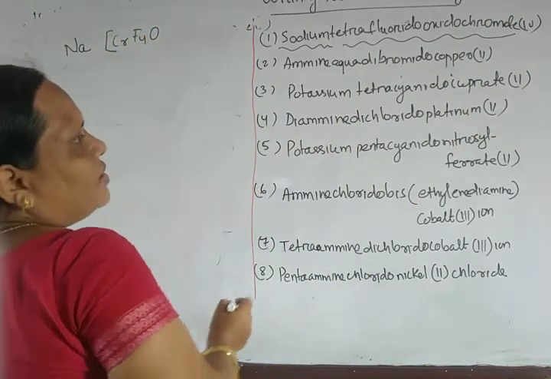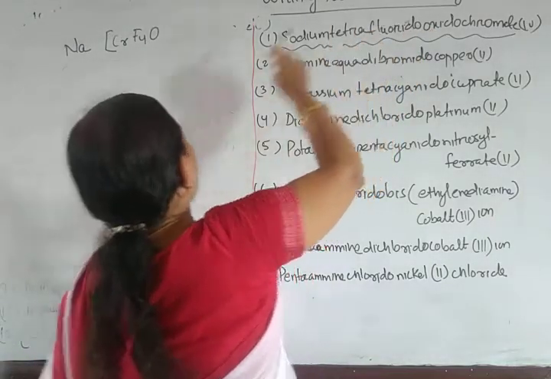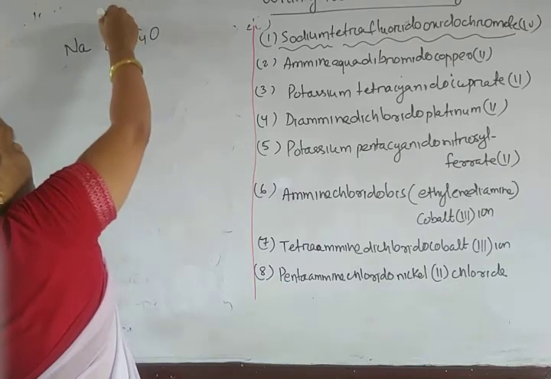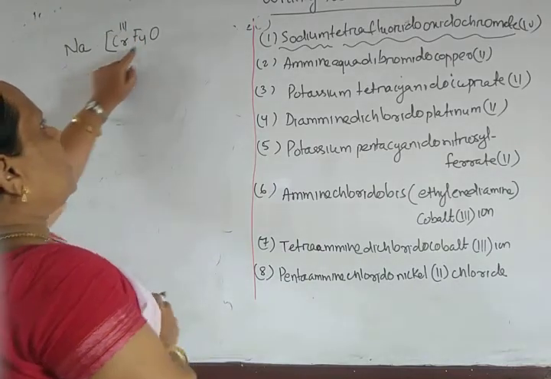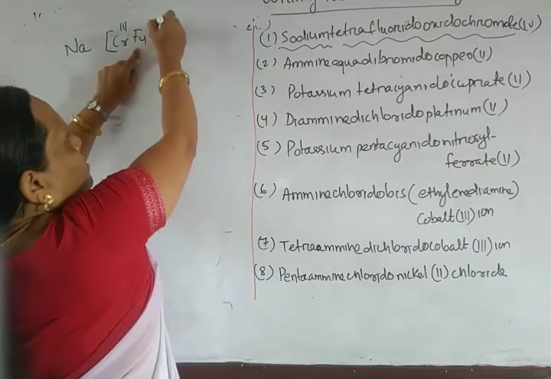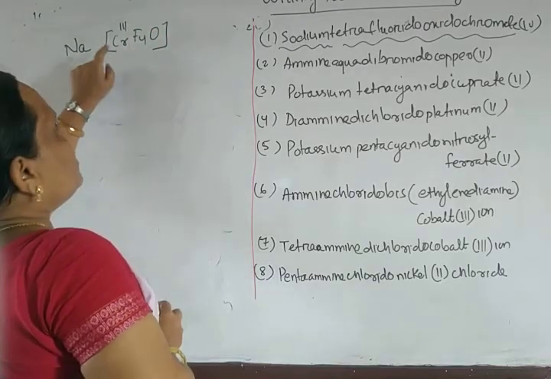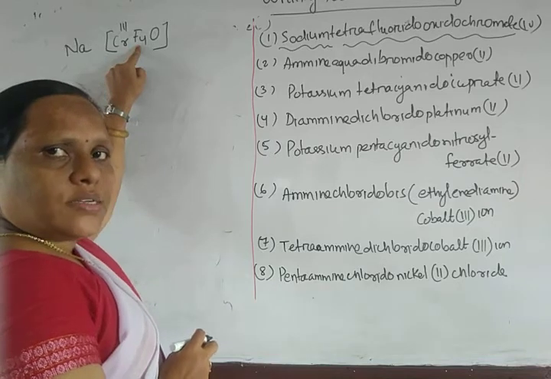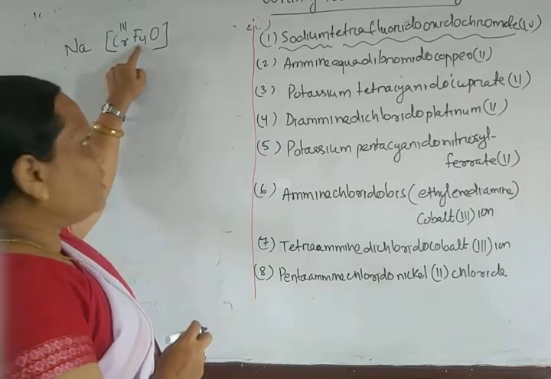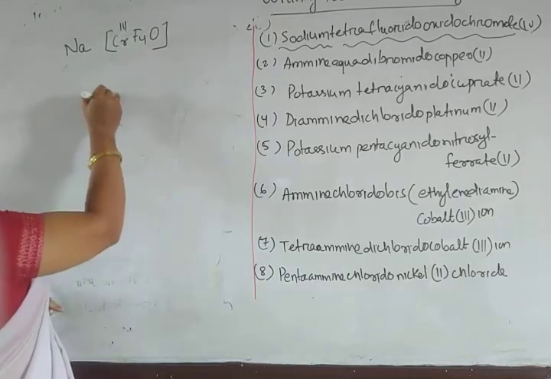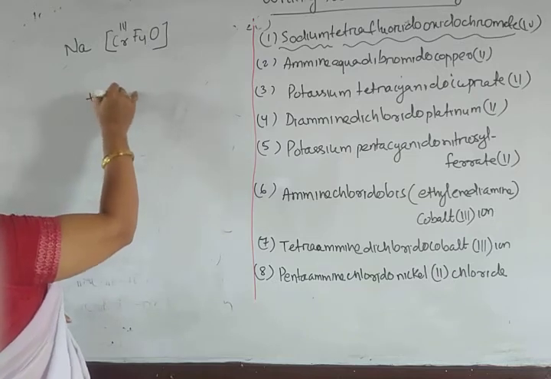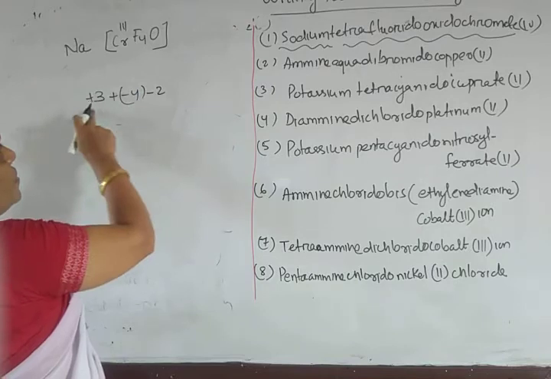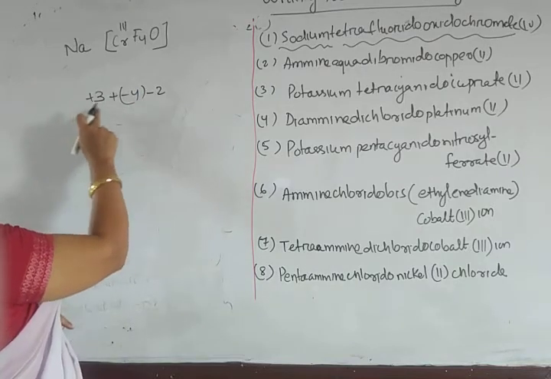One oxygen, oxido, fluorido. Now what is the charge? Chromium here is +3, and fluorine has charge -1. So 4 fluorine: +3, -4, and -2.